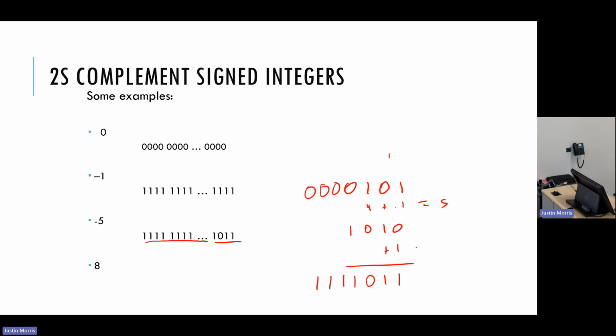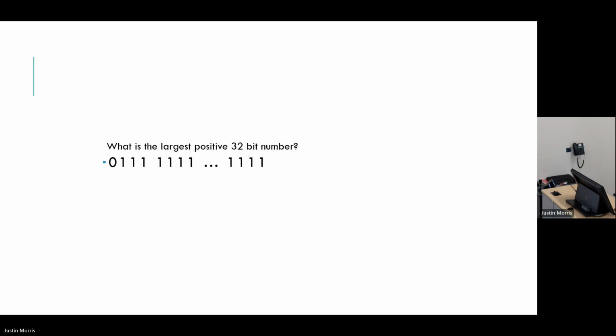So 8 is 1, 0, 0, 0. All right. So the largest positive 32-bit number would be a leading 0 to indicate that it's positive, and all 1s. Okay? And the most negative 32-bit number is a leading 1, all 0s.